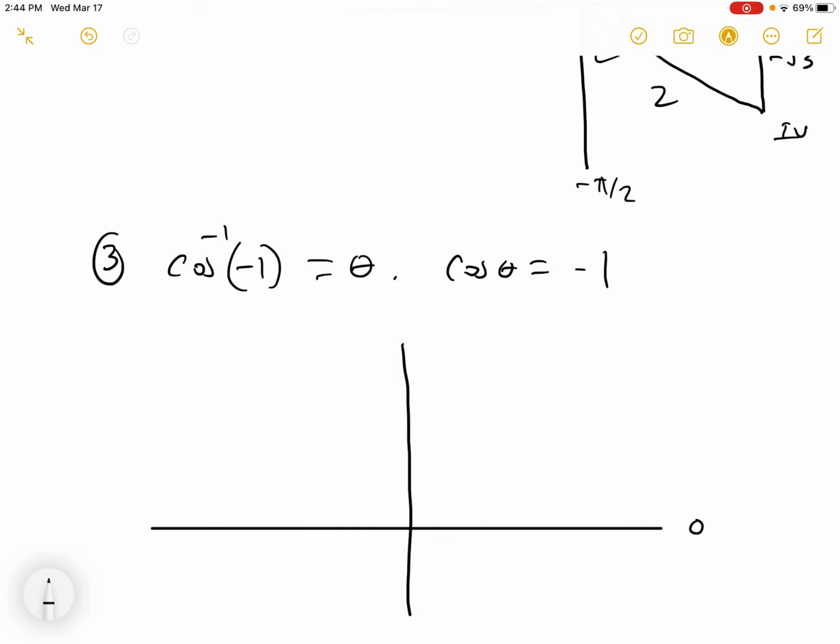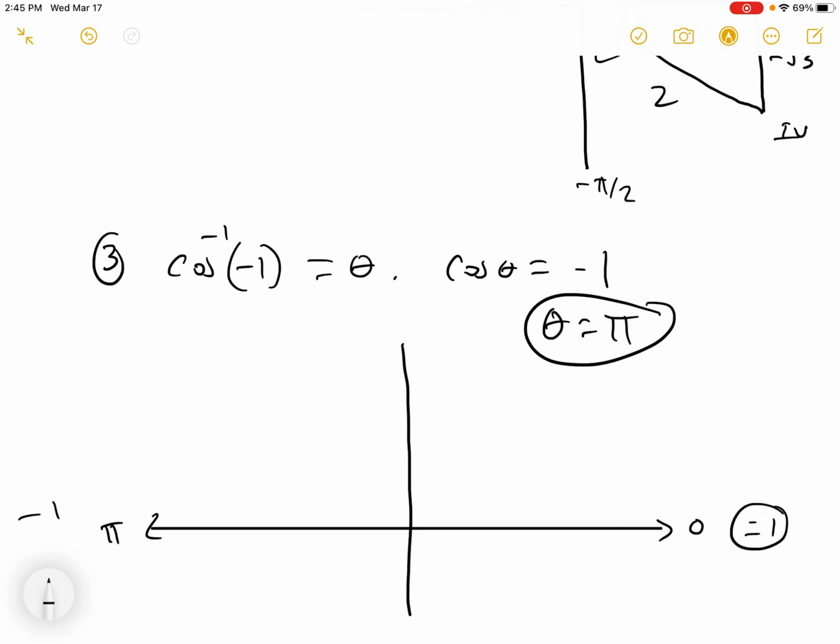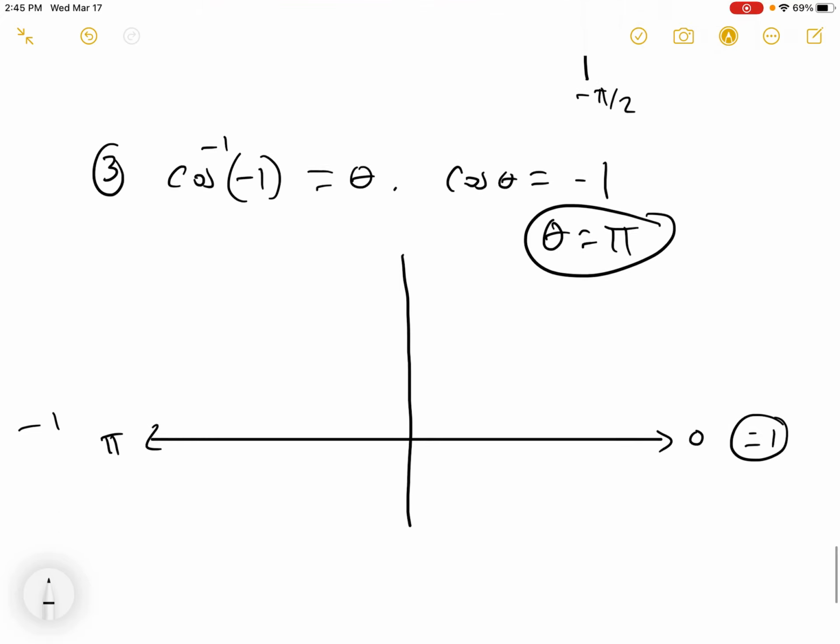Remember, cosine goes from 0 to pi along the x-axis here. So cosine equals 1 here and minus 1 here, so theta equals pi. Okay.